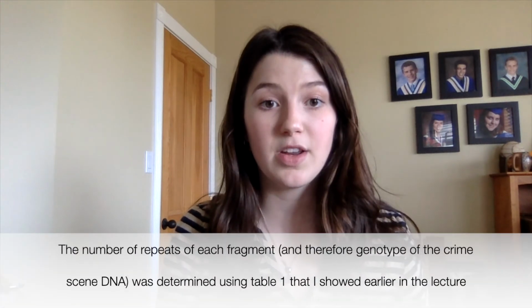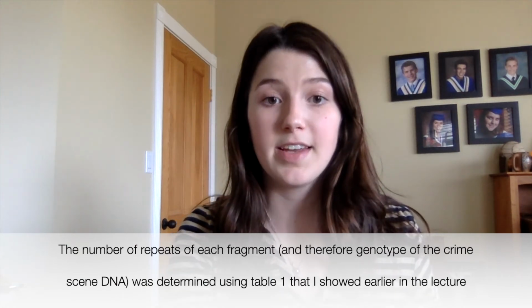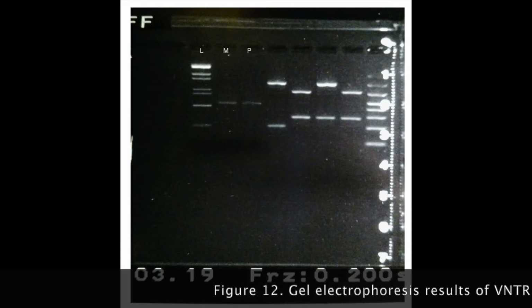By using this method, the two fragments seen in the crime scene DNA were determined to be 398 base pairs and 620 base pairs. This corresponds to a 16-30 genotype at the D1S80 locus, indicating that the individual who committed this crime is heterozygous at the D1S80 locus.